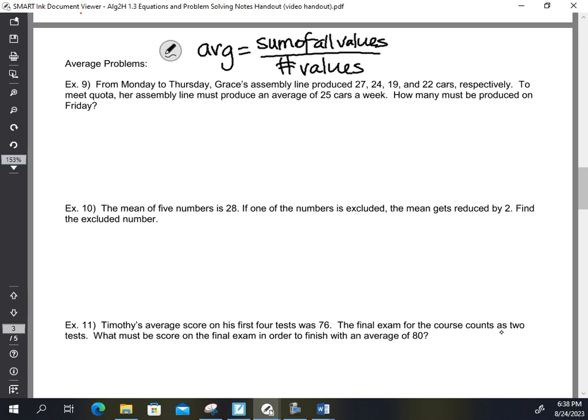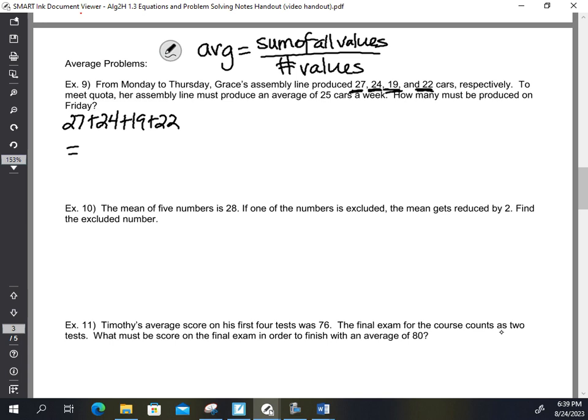From Monday through Thursday, Grace's assembly line produced 27, 24, 19, and 22 cars respectively. So, let's put this in context. We're given four numbers: 27, 24, 19, and 22.